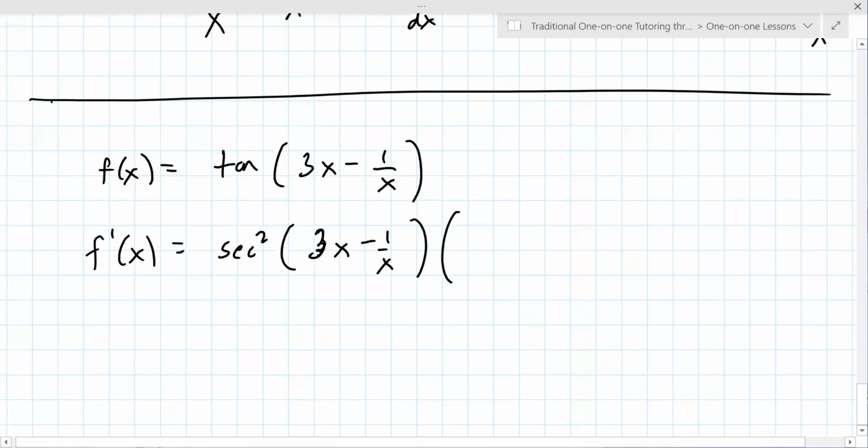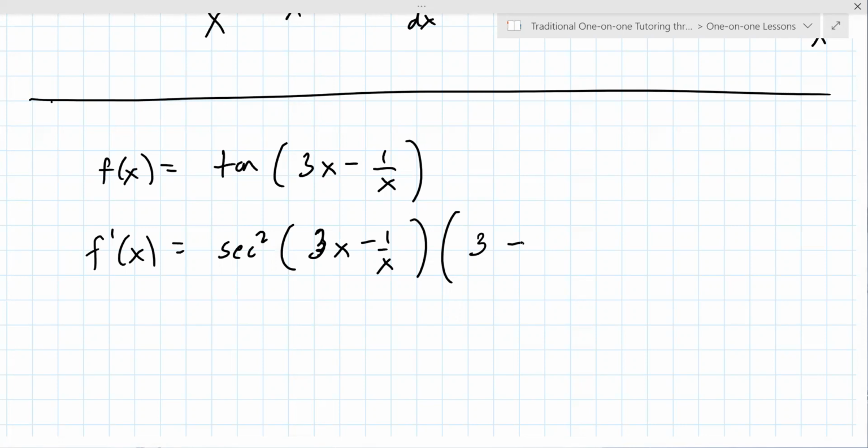Okay, and what's the derivative of the inside? So the inside is 3 minus... negative.